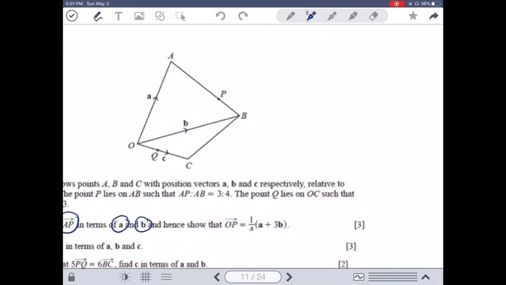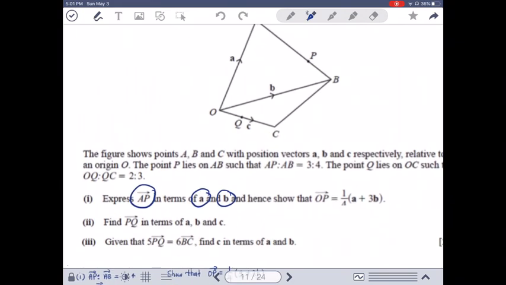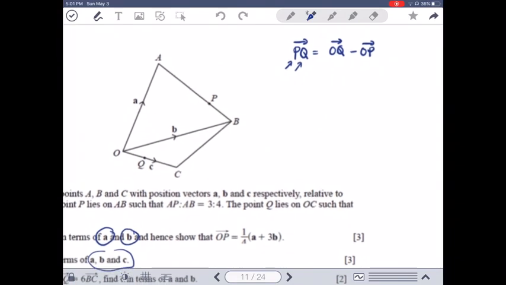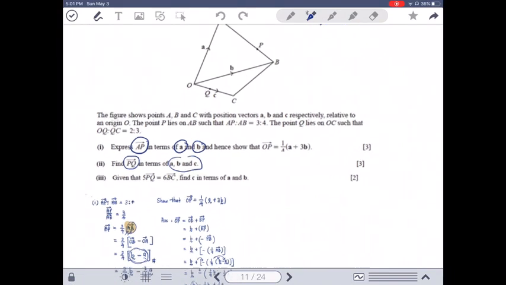Now for question 2. Find PQ in terms of A, B, and C. If you want to find PQ, we know that back minus front is just OQ minus OP. Okay. Do we have OP?